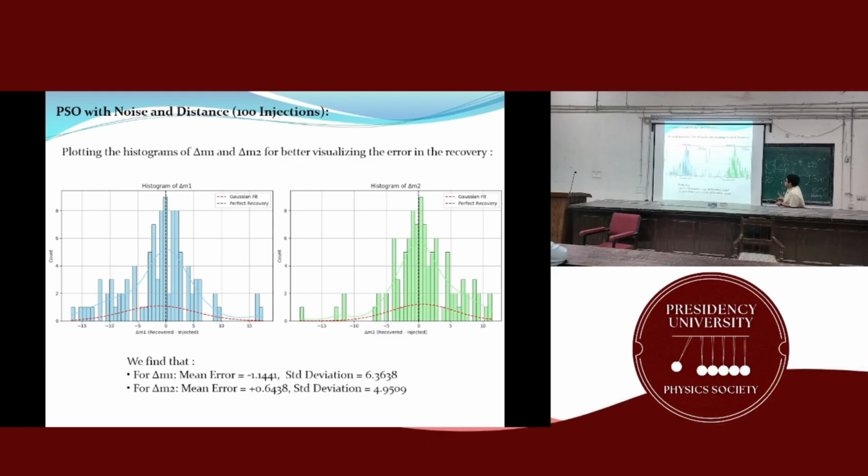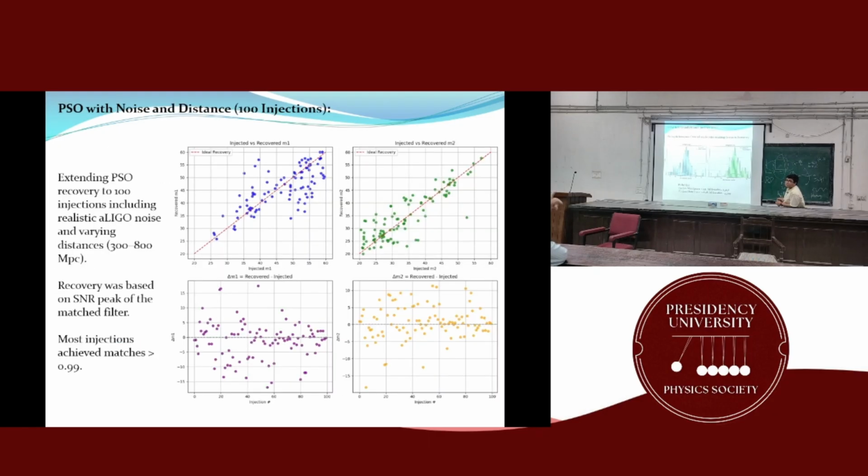Here, as you can see, the peak... No, sir. It will be here, sir. Yes, sir. We are actually plotting the injected mass against the recovered mass. So it is not a best fit line.